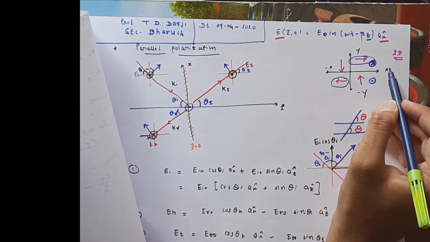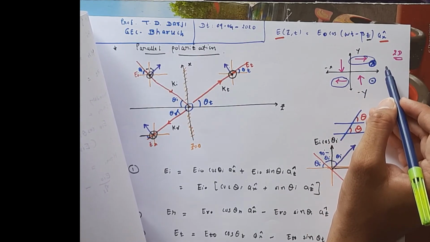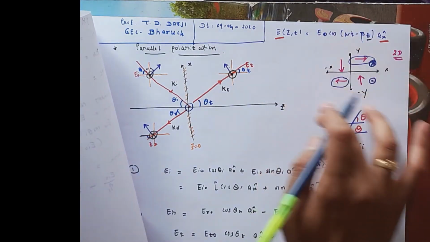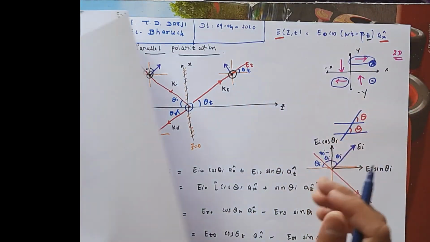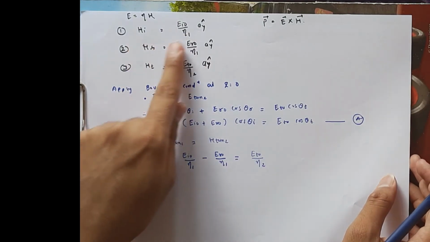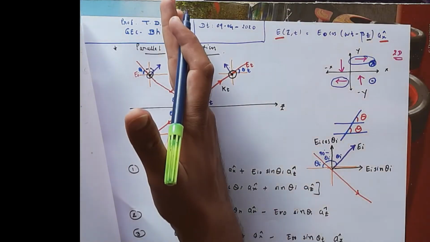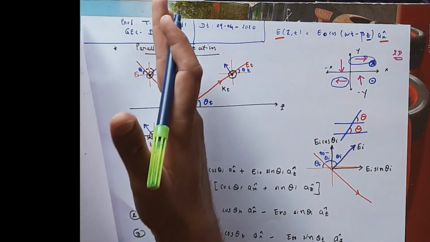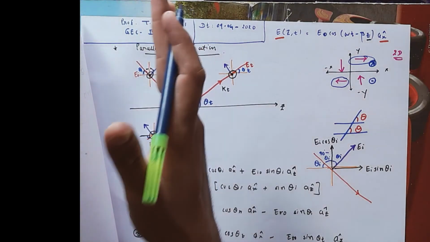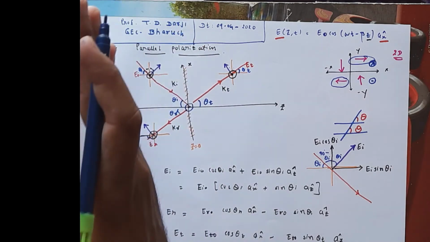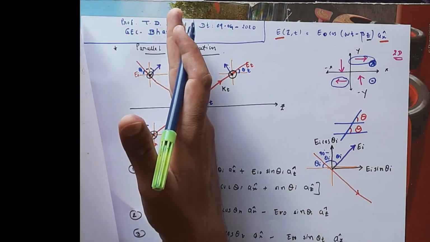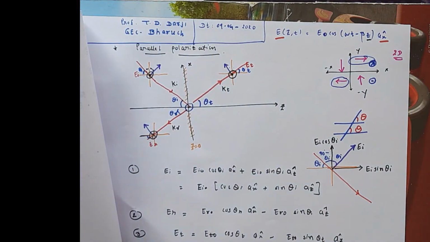This vector is in the positive x direction, but it is still present in the xy plane. Similarly, the magnetic field is in the y direction, but here the z equals 0 plane is my boundary. So the components present in the x direction and the y direction are parallel to the boundary.